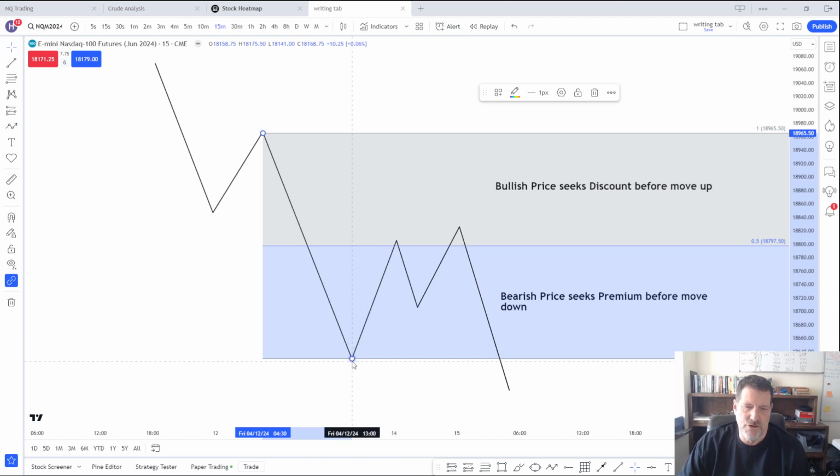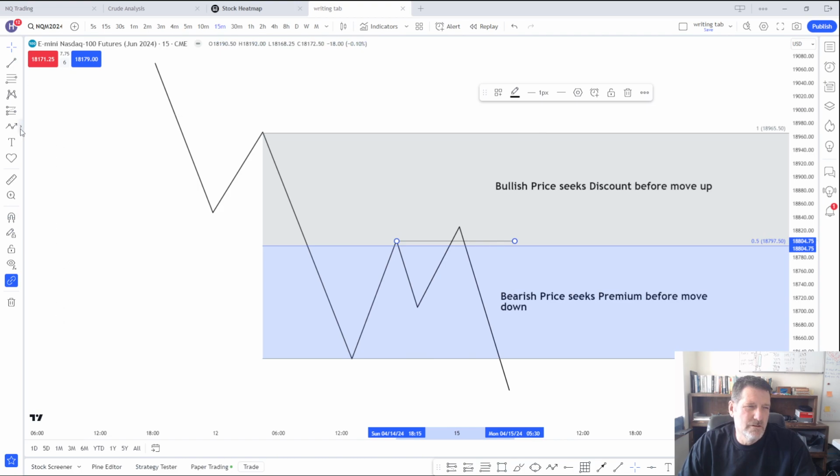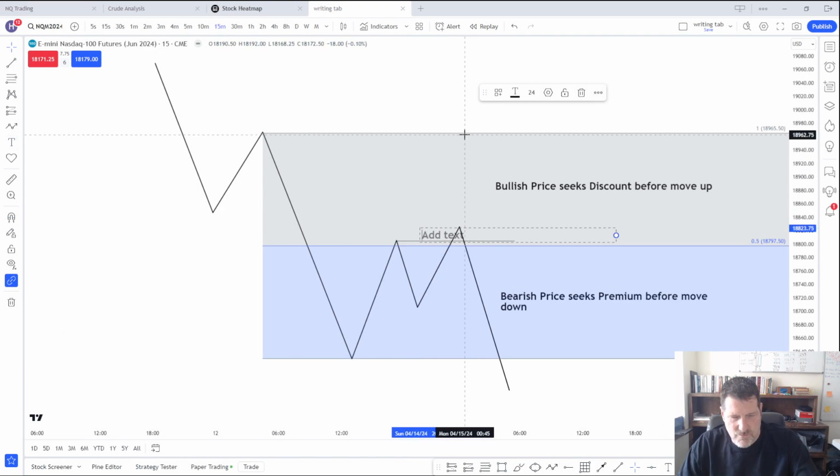Very simply, you will see many times where price will come up into a premium on a bearish market, and back down. And in this case, if we were to look at this, we would call this a sweep.